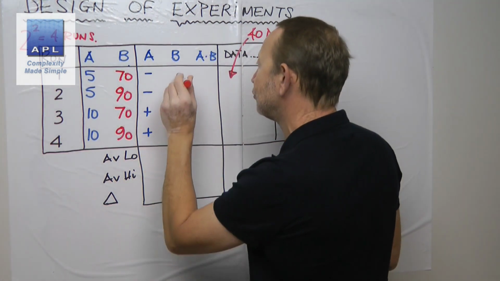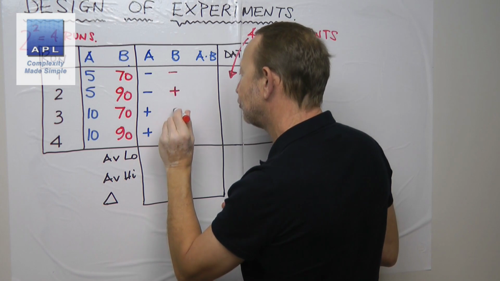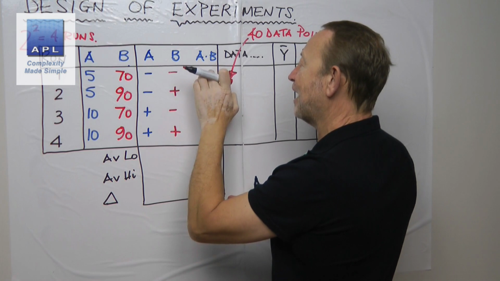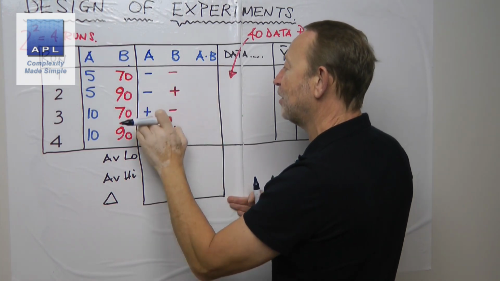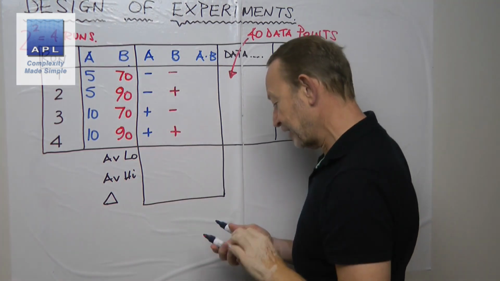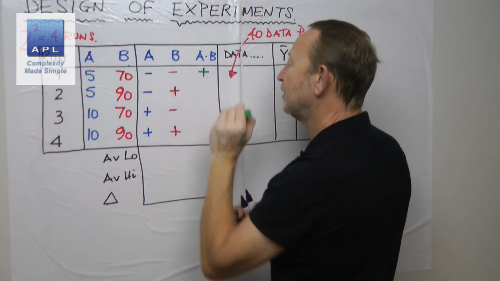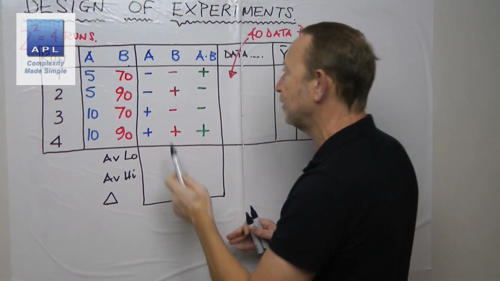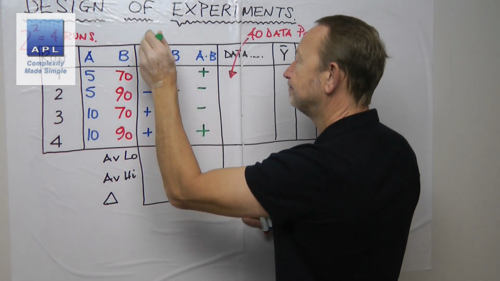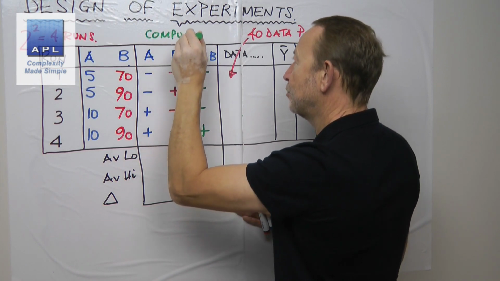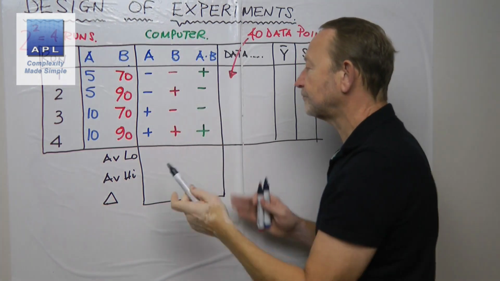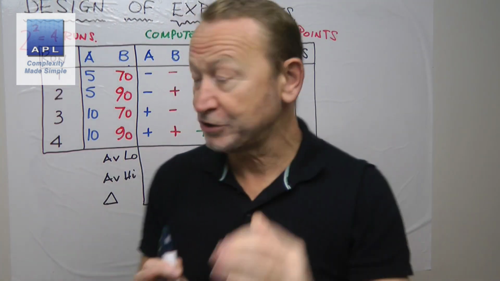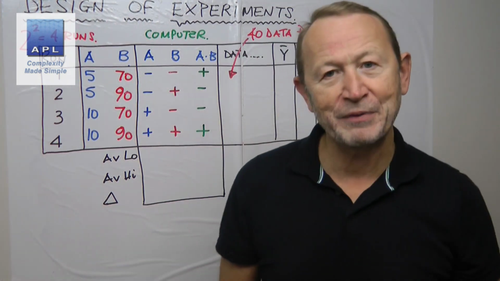Minus, minus, plus, plus. And of course, minus, plus, minus, plus. This is the coded pattern. To get the A-B interaction, we multiply these together. Symbols are the same, it goes positive. Symbols are different, it goes negative. So this is the computer world now. It's working with that pattern, and the analysis that we're going to do is with that pattern.